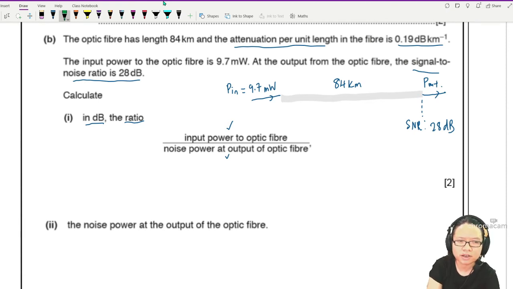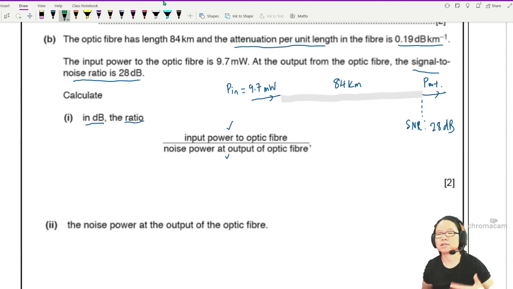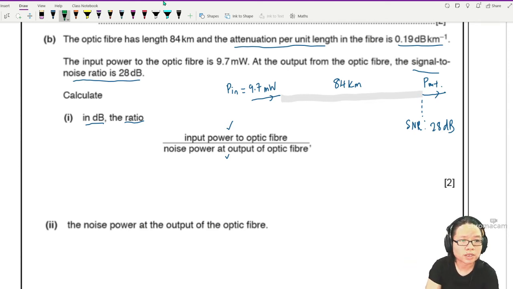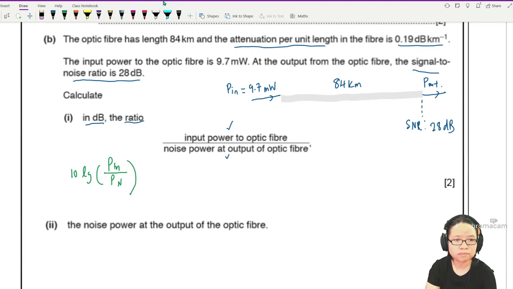In fact, everything in this part of the question is always 10 log and then a ratio. So now what they want is actually 10 log the ratio of the input power over Pn, n here for noise. Okay, so input power against noise.